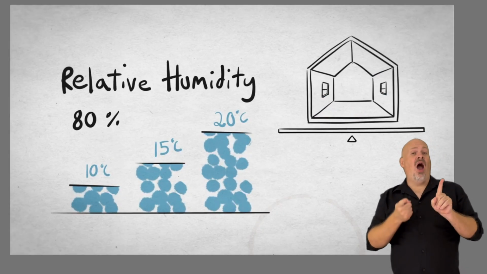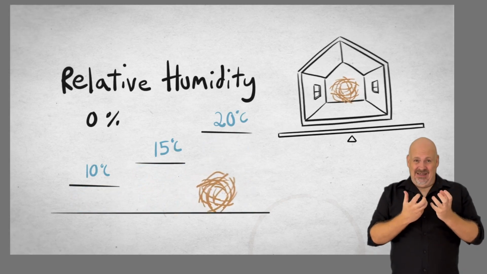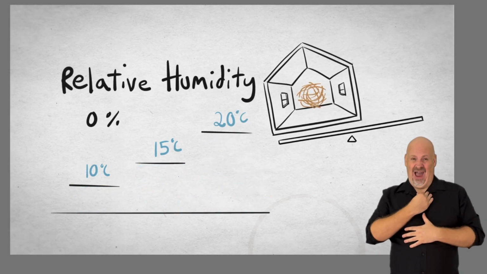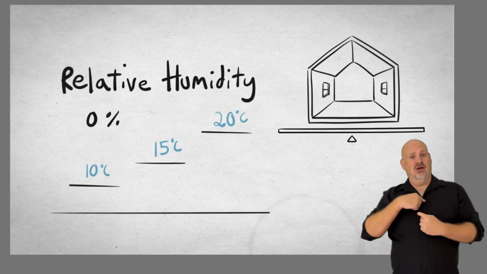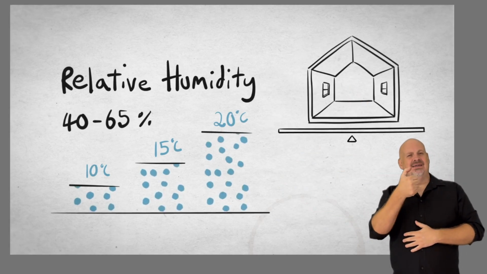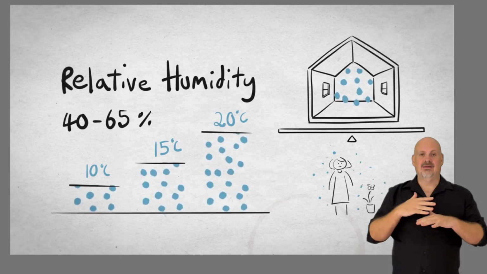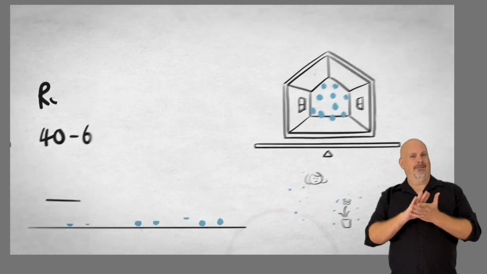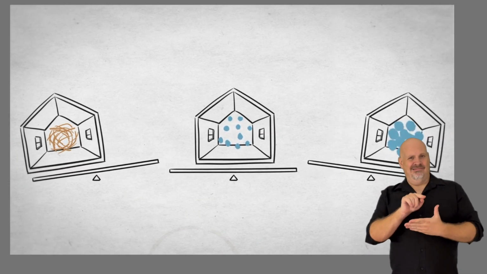At the other end of the scale, air with 0% relative humidity is excessively, and in fact impossibly dry and uninhabitable. We need a relative humidity of somewhere between 40% and 65% for most of the time for the building atmosphere to be pleasant and healthy. So we come back to balance. Not too dry and not too moist.